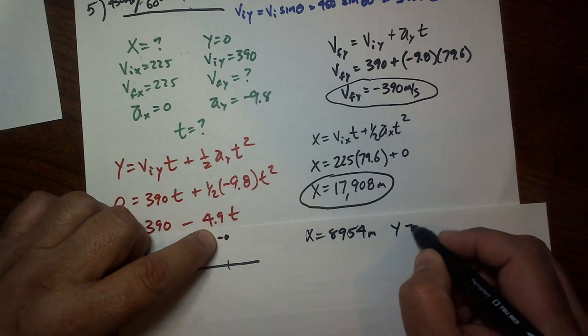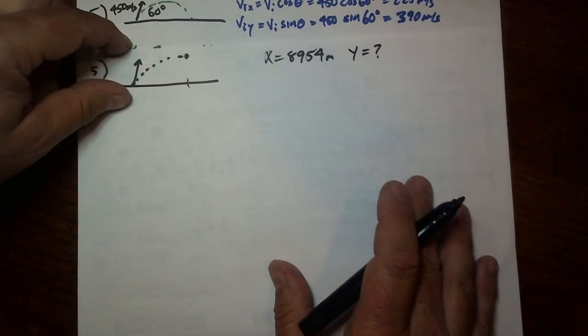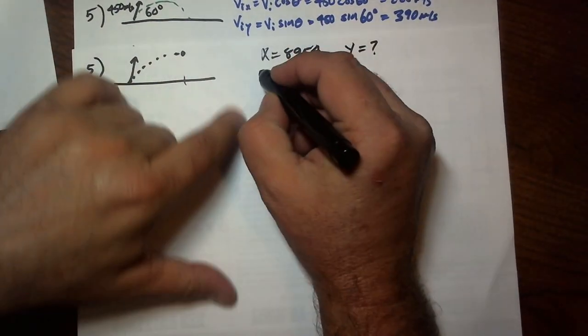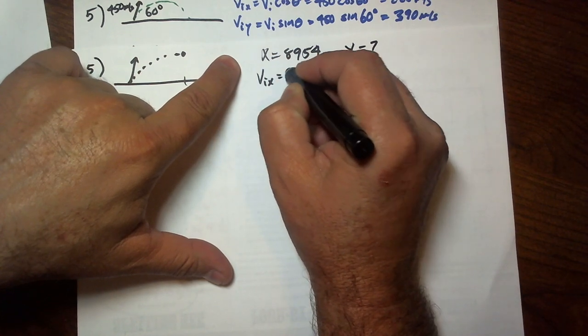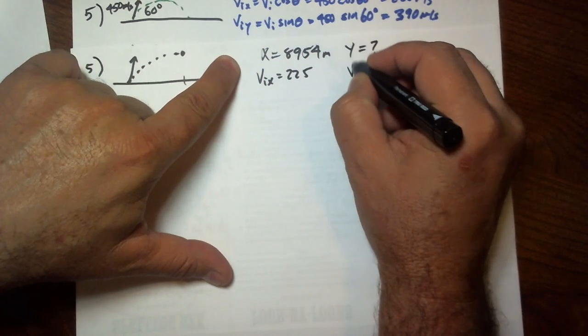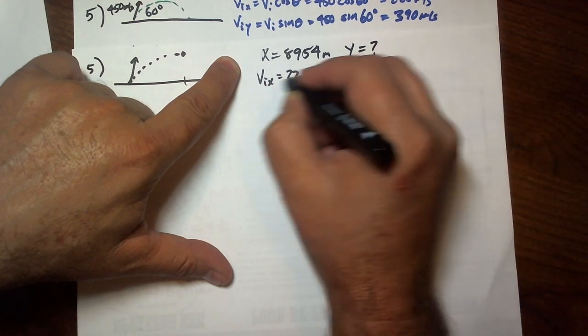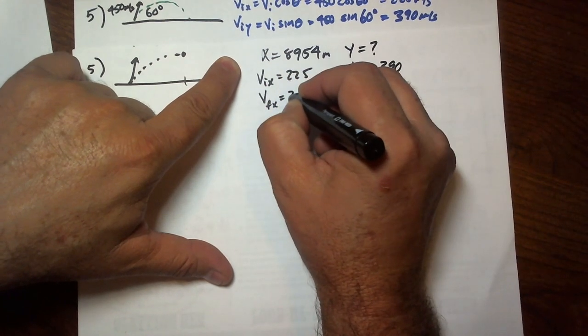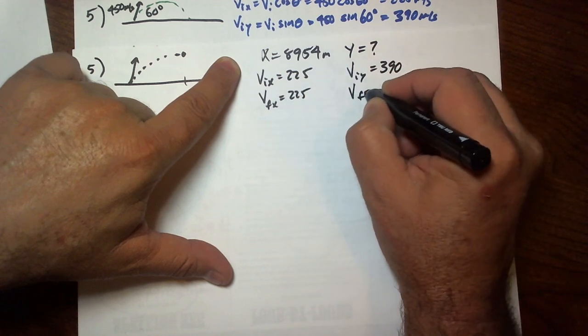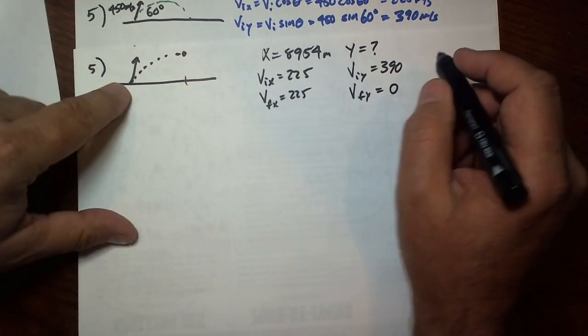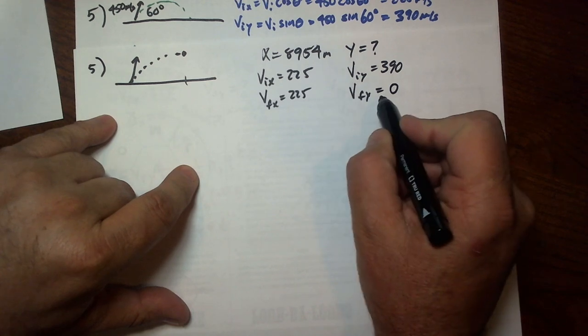Y is going to be unknown, because for this situation we don't know where it is in y. VIX is going to be 225 and VIY is going to be 390. That stays the same. VFX is still going to be 225, but VFY is going to be 0. That's right, it momentarily stops in the y direction.